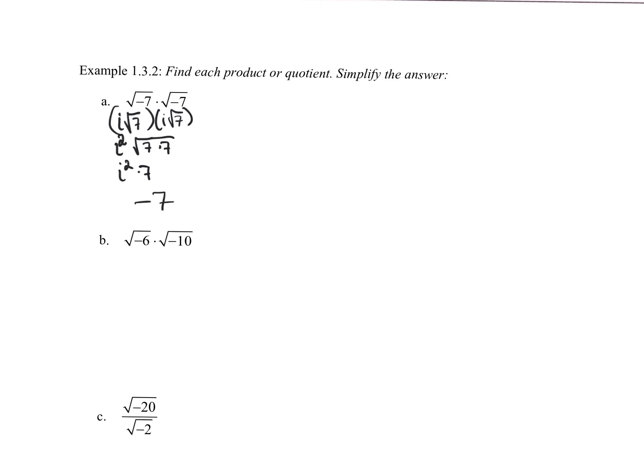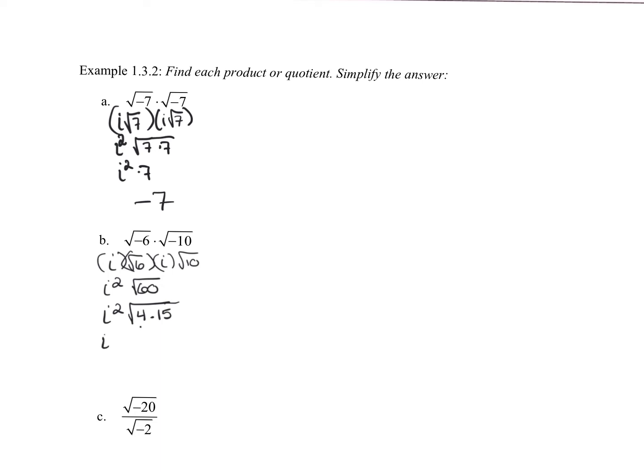Let's try another one. So letter B, pull out the i, square root of 6. Pull out the i, square root of 10. i times i is going to make i squared. And then I have the square root of 60. i squared, 60 is 4 times 15. The square root of 4 is 2.